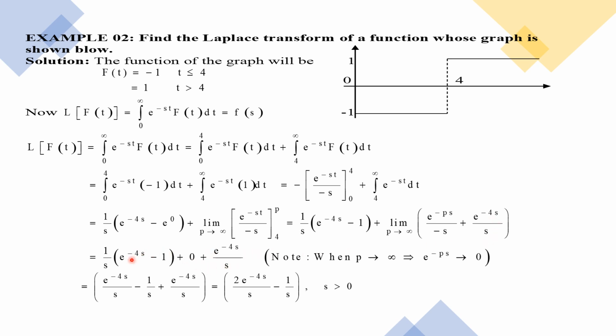So we combine these terms: e power minus 4s upon minus 1 over s plus e power minus 4s upon s. So these e power minus 4s upon s terms give 2 times, so 2 times e power minus 4s plus 1 over s. Here s must be not equal to 0 and greater than 0. This is our last answer for the given function f of t, which is a discontinuous function.